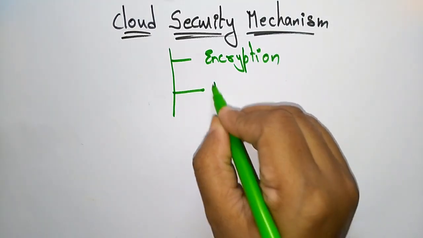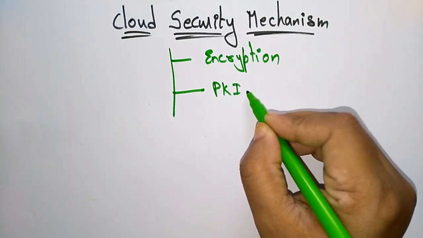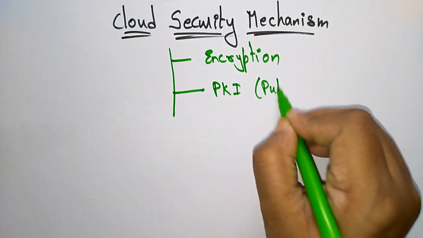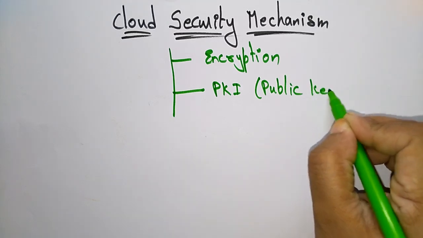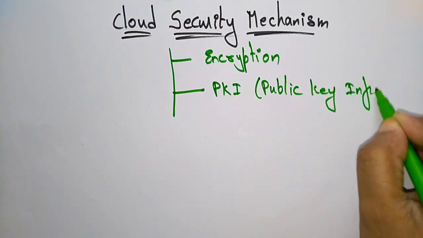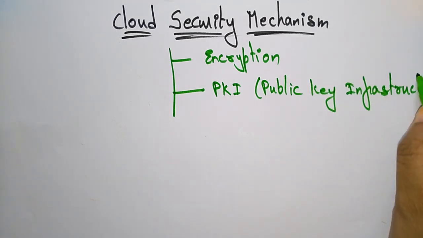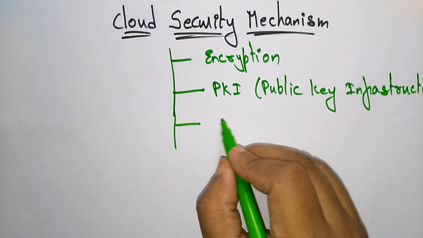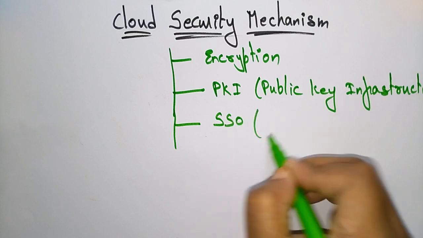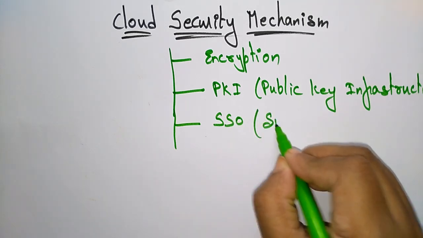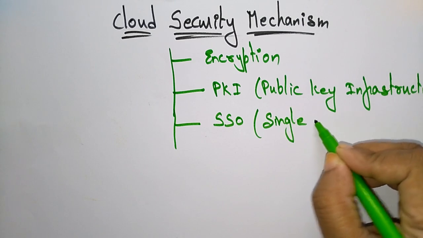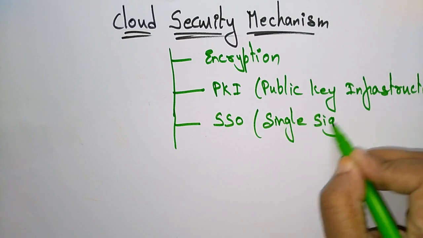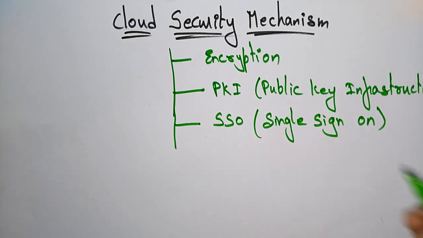next is the PKI, that is the public key infrastructure. So this is one type of security mechanism. Next, SSO means S for single, S for sign on, single sign on.